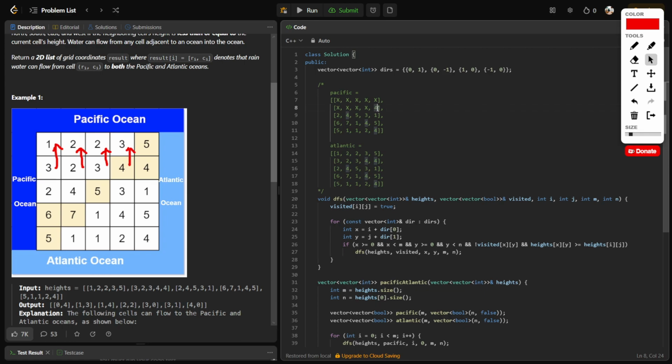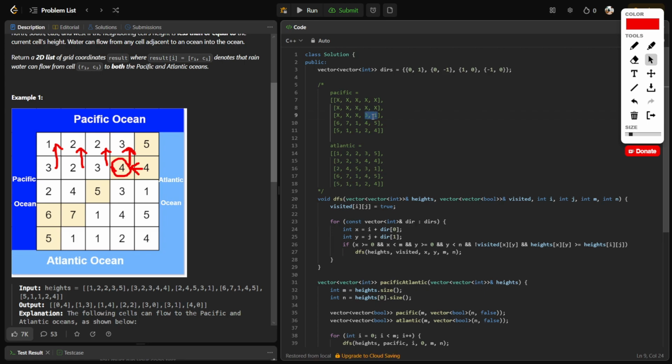Okay, this 4, the reason why this is available is because it can flow through the 4 over here and then moving upwards. So we can mark this as true as well. And over here, we can definitely flow to the left side of the Pacific Ocean. Here we can flow, we can pass here.